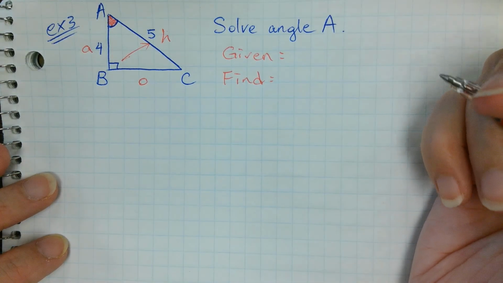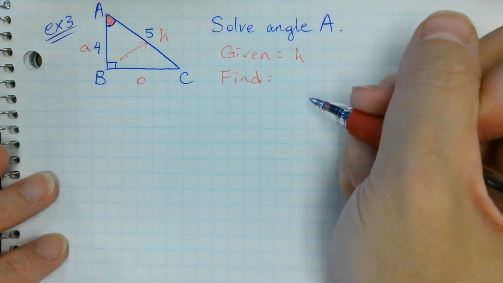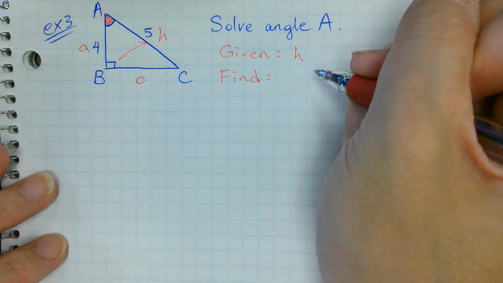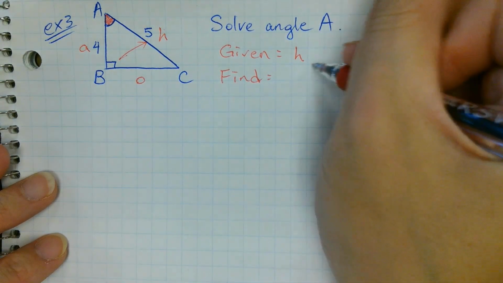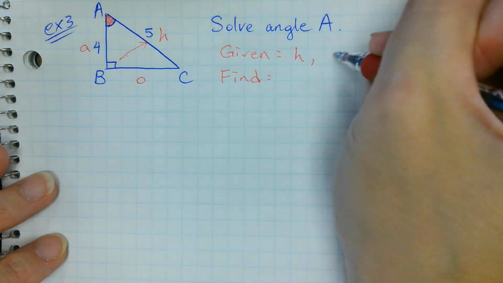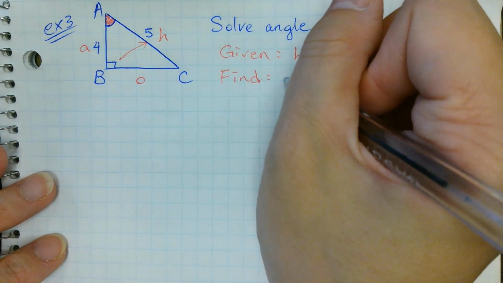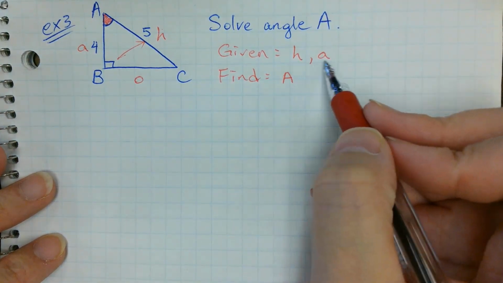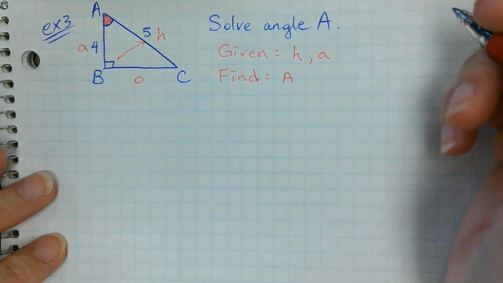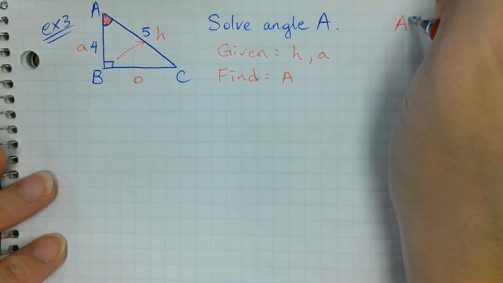Which side am I given? Yep. Oh, sorry. Oops. I'm actually given two sides. I'm given hypotenuse and adjacent, and I'm trying to find angle A. Okay, A and H. I'm given the A and H.